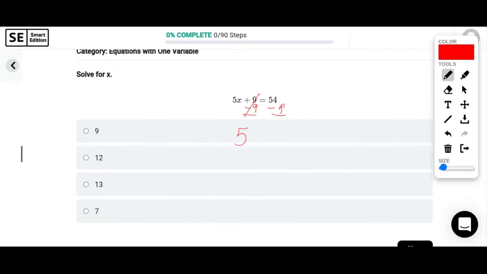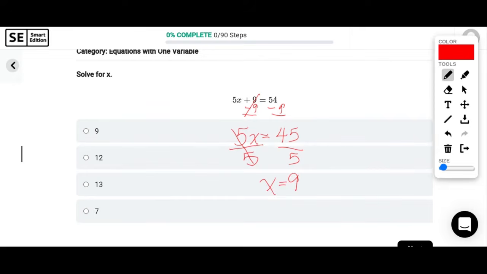When I do that, I'm left with 5x on the left, and 54 minus 9 is 45. So now I have 5 times x equals 45. I'm going to use my opposite operation of division and get x equals 9 as my answer. So 5 times 9 plus 9 should equal 54.